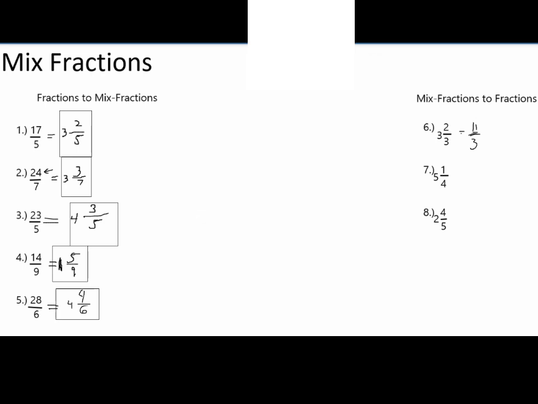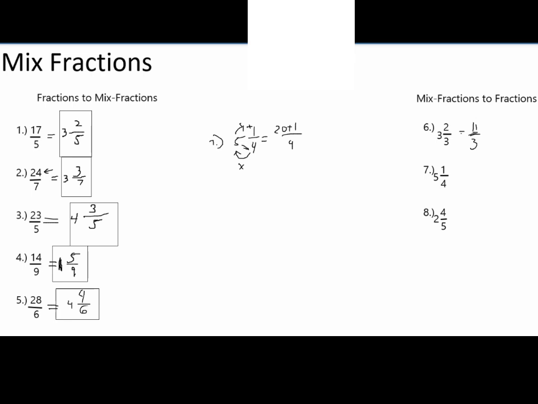So now let me erase this. Let's go to number 7. So let me just copy this problem. We have 5 and 1/4. So right now we're just going to multiply 5 times 4, which is 20, copy the denominator, and add 1.